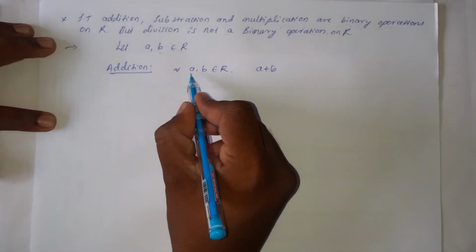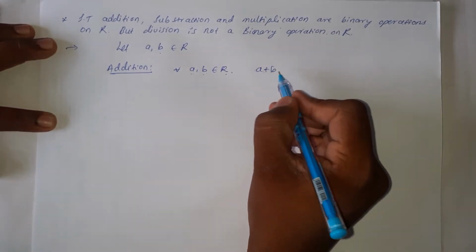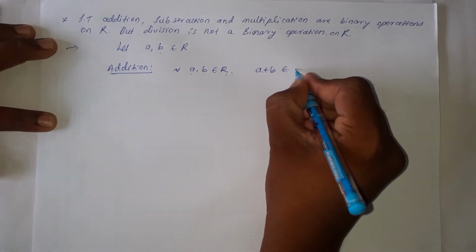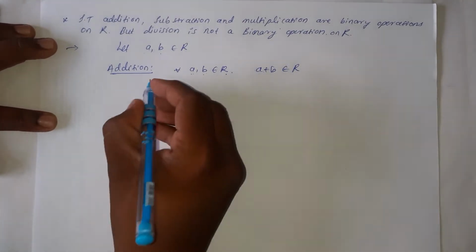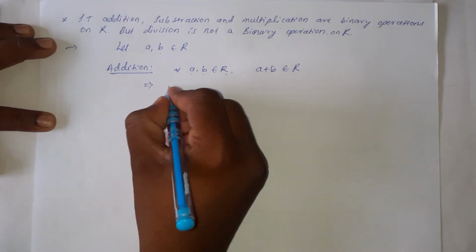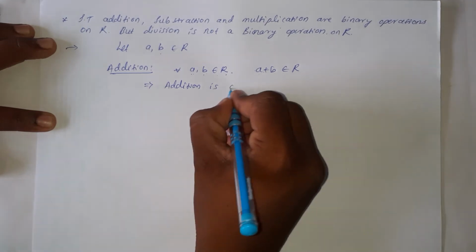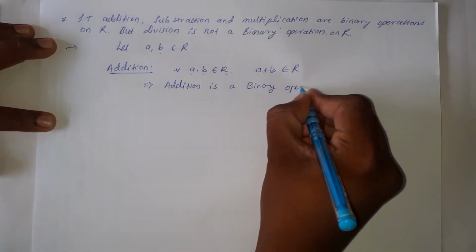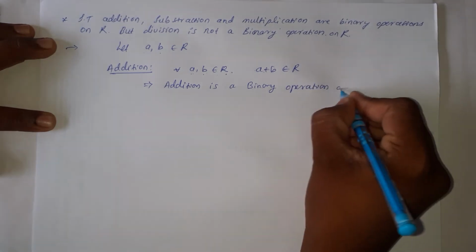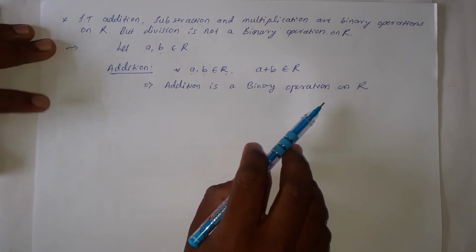Therefore, if a and b belong to the set of real numbers, then a plus b belongs to R. So it implies that addition is a binary operation on R, by the definition of the binary operation.